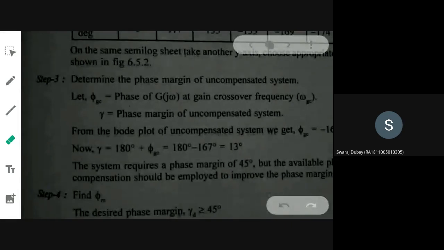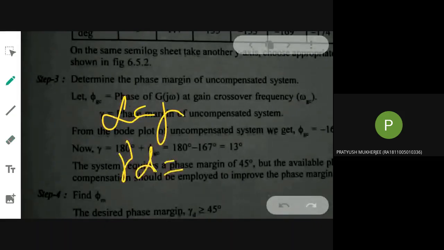What is the formula for the desired value of phase margin for a compensated system that you set for a lag compensator? Somebody must have taken notes. For a lag compensator, you have set up the desired phase margin as gamma plus epsilon, yes or no?